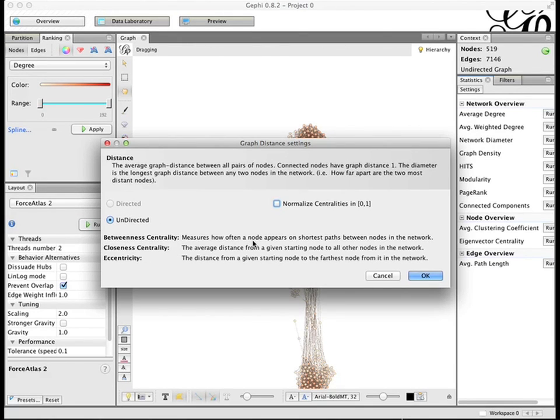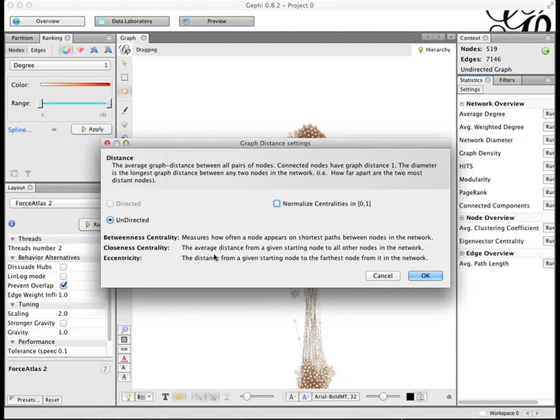Betweenness centrality measures how often, as it says here, a node appears on the shortest paths between nodes in a network. That is, if I want to go from person A to person B, how often is the node in question on the shortest path between A and B? And I'll illustrate that in just a moment.